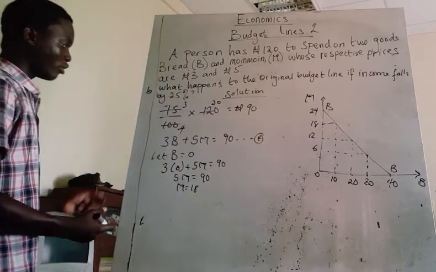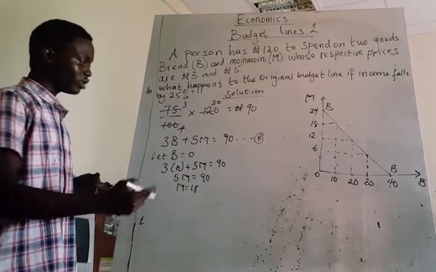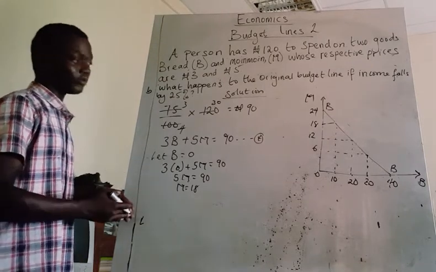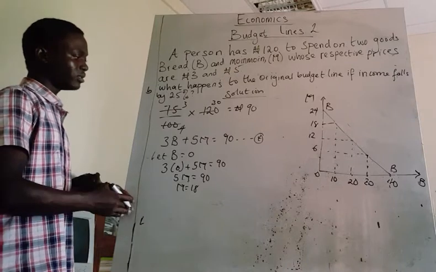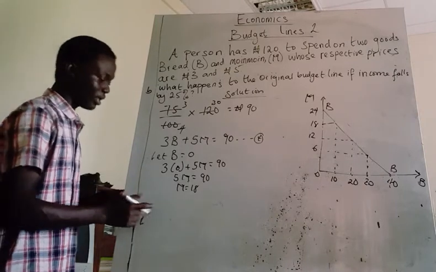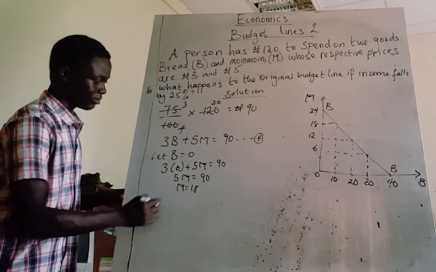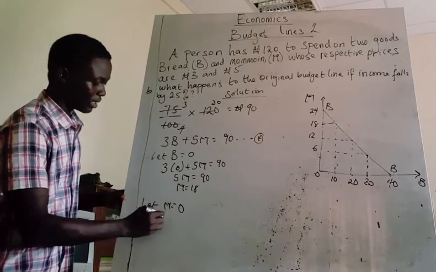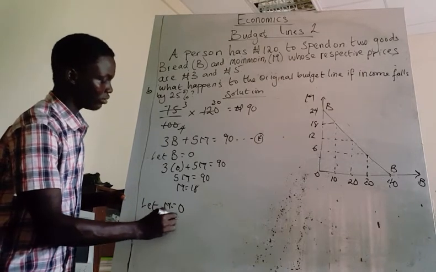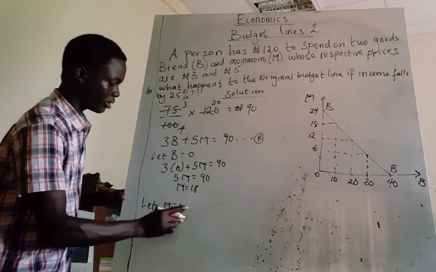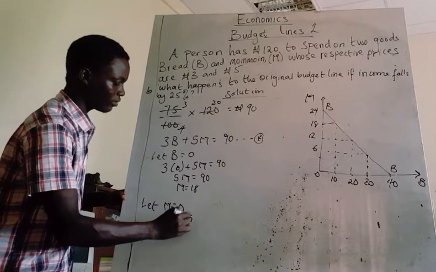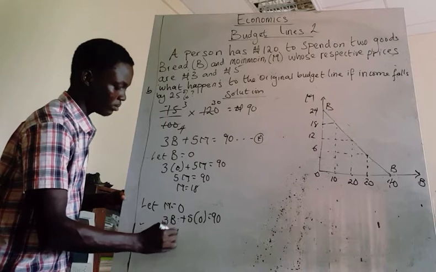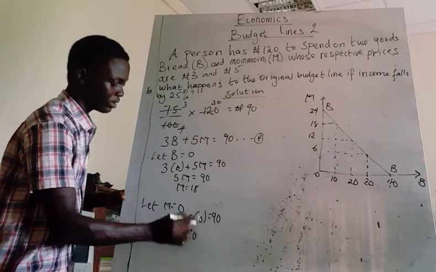We do the same thing for bread. We assume that our consumer spends all of his reduced income on bread and spends nothing on moi moi. So we let M equal 0. We have 3B plus 5(0) equals 90, so 3B equals 90 because the other term becomes 0.